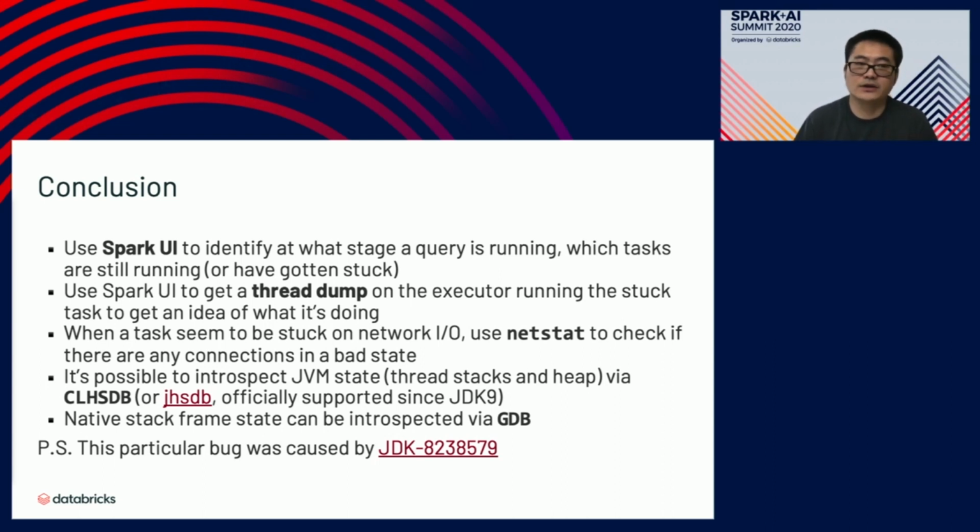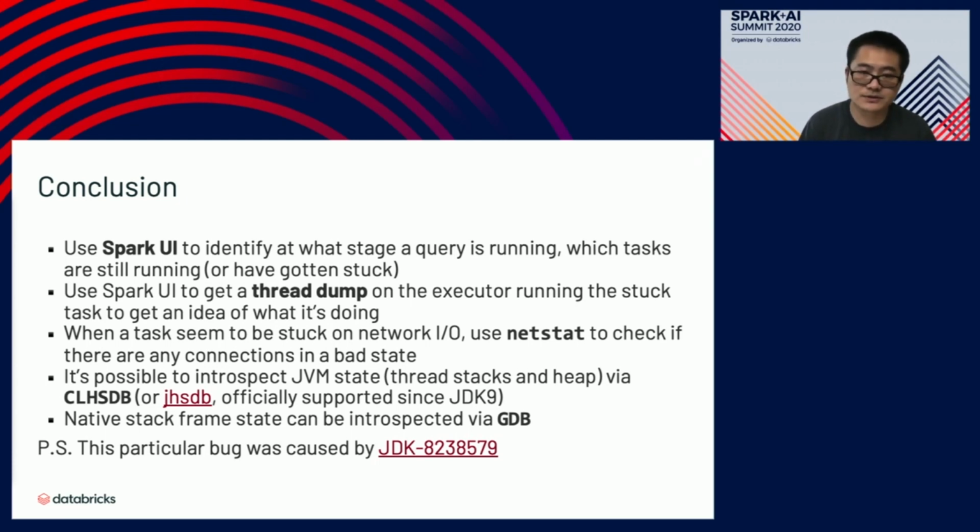And then to get an idea of what the JVM state is beyond what simple thread stacks tell us, for instance, if we need to know what value some certain field of some certain object instance is, we can use various tools. And one of them that we showcased here is the CLHSDB tool that comes with OpenJDK.